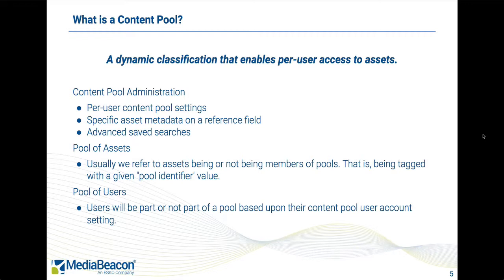And we can also look at it from the perspective of users. Users can be part of a pool or not part of a pool based upon the settings in their user account. So this is one of the reasons there's a little bit of nomenclature confusion about the feature. So those are some ways that we might talk about a content pool.